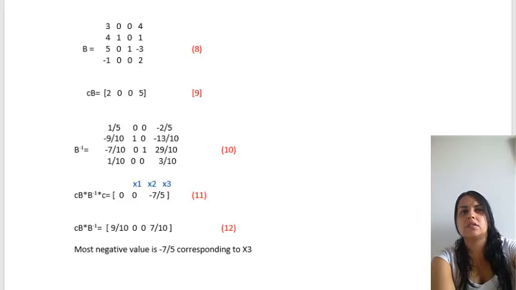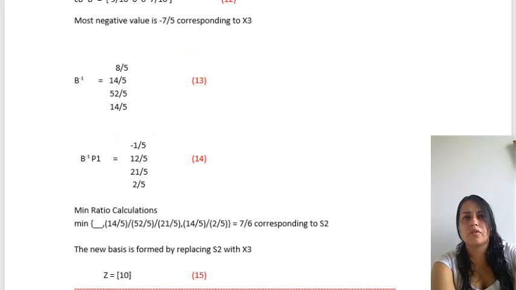That's x1, x2, x3, and that's the only negative number in this set. So x3 is going to enter, and to identify the leaving variable again, I have to do the calculation for B inverse b and for B inverse P3. This time there is a negative number.